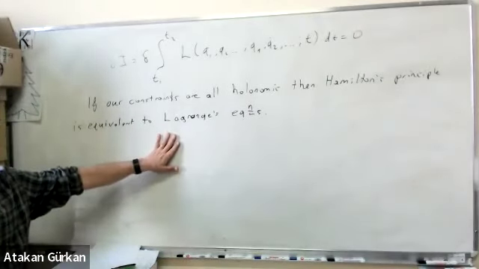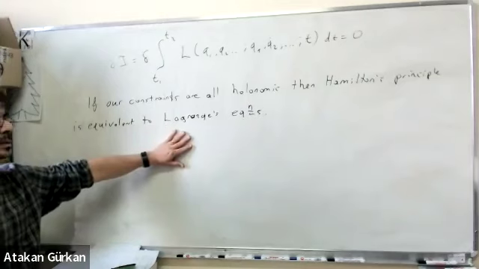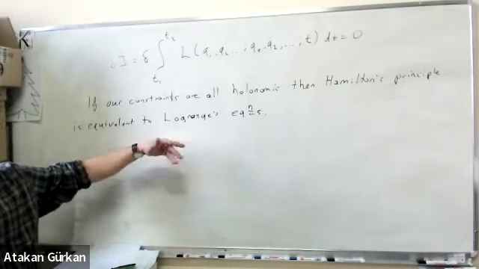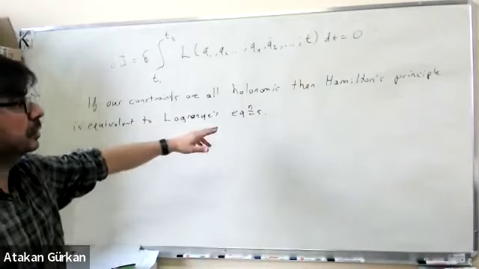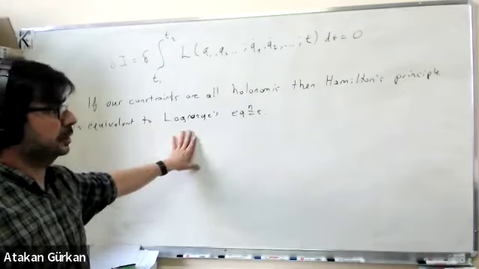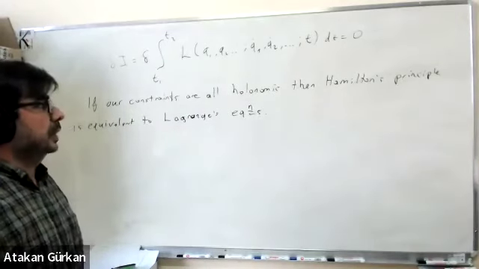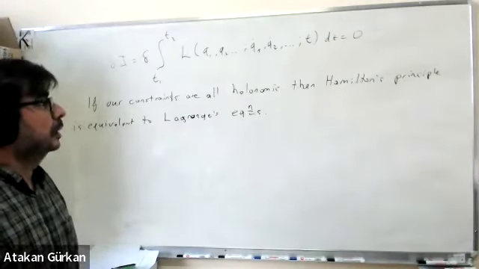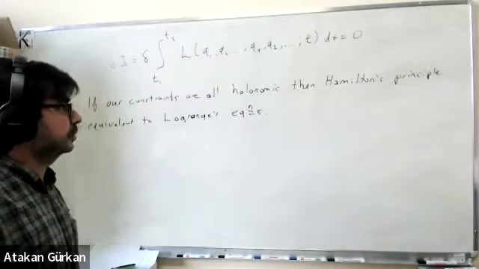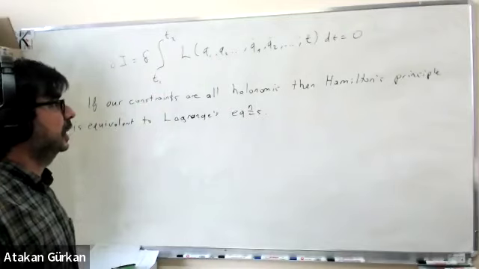Another way to say this is that Hamilton's principle is a necessary and sufficient condition for getting Lagrange equations and vice versa. Right? So that means that you can use Hamilton's principle to derive Lagrange equations, and you can use Lagrange equations to derive Hamilton's principle. So you just take Lagrange equations, substitute in there, do a little bit of manipulation, and you get that this is actually 0.